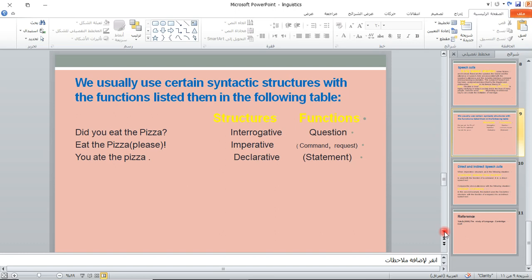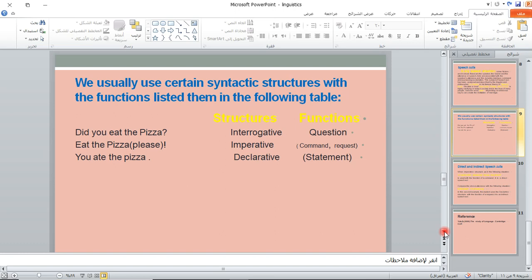In speech act theory, the relationship between structure and function is not one to one or one to many, العلاقة ليست واحد لواحد, but many to many, متعدد لمتعدد. Why?